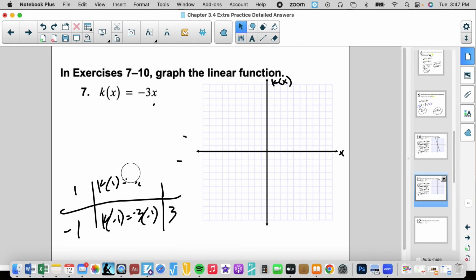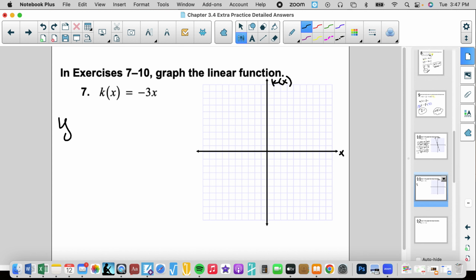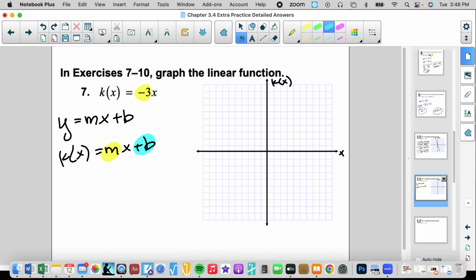The other way is we know that this is a linear equation because it's written in the form of y equals mx plus b, or k of x equals mx plus b, where m is the slope and b is the constant. The m in this equation is going to be the coefficient of x, and that would be the slope, and the y-intercept is going to be whatever is being added or subtracted.